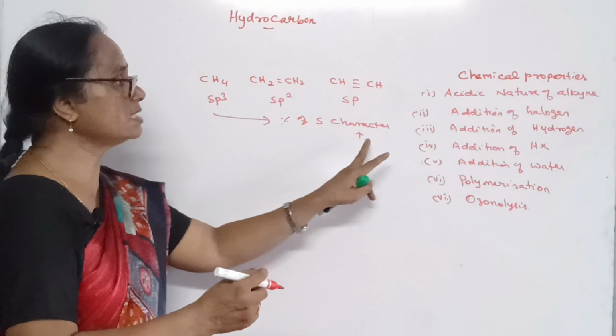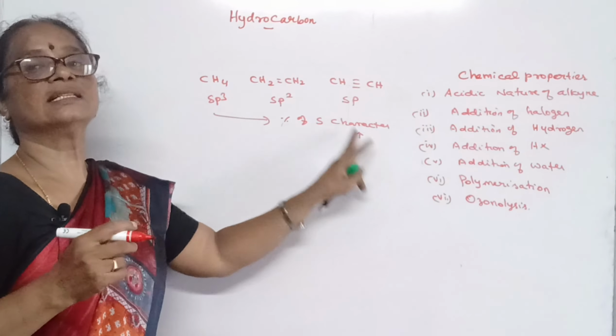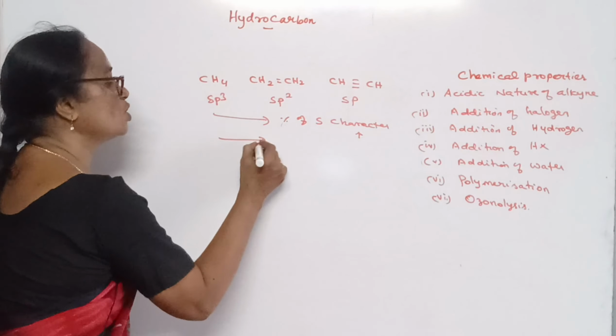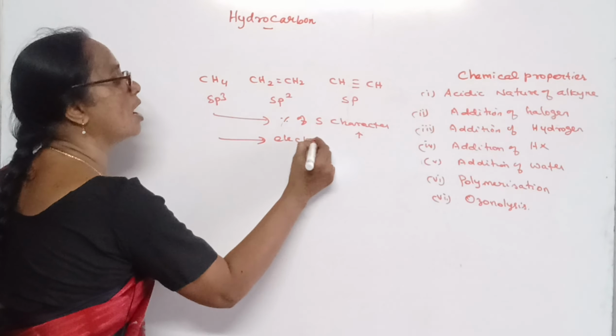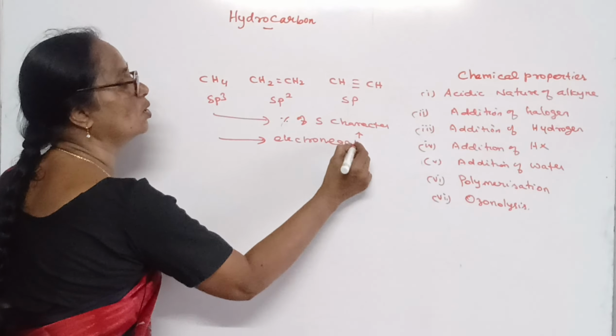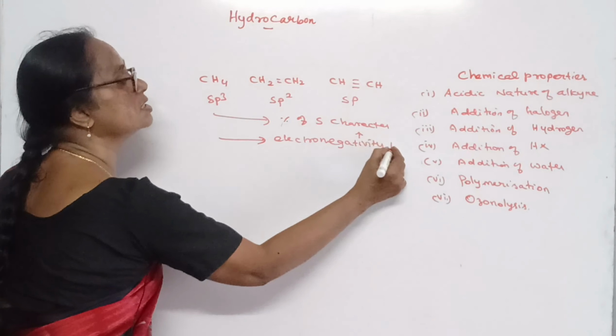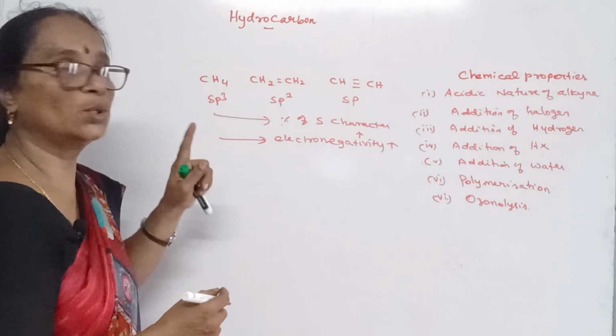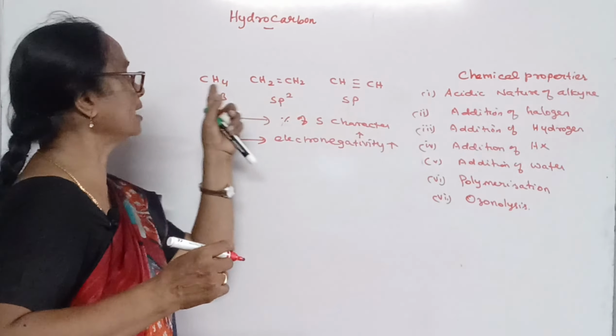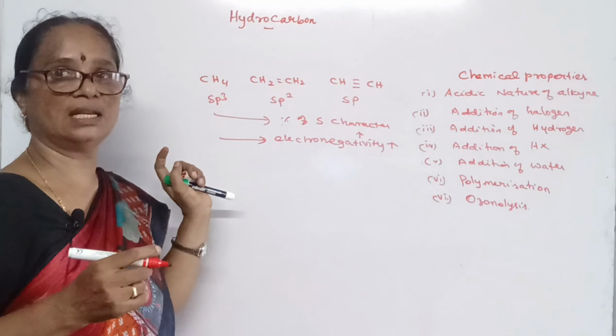The increase of s character increases the electronegativity of the carbon atom. So, electronegativity also increases due to the increase in s character in the respective series.